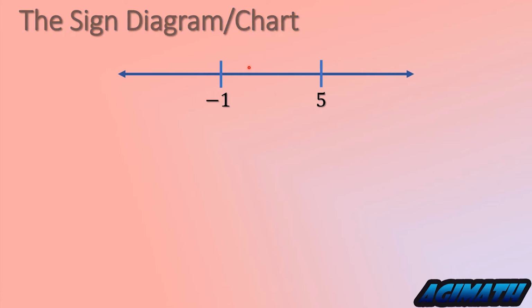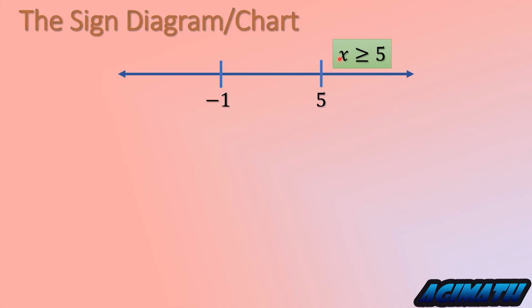So this is a real number line. It is being divided into 3 intervals, 1, 2, and 3. These are the 3 intervals. So what we are going to do, we are going to name the intervals so that at least we have the idea what are the possible numbers that are belonging to that interval.